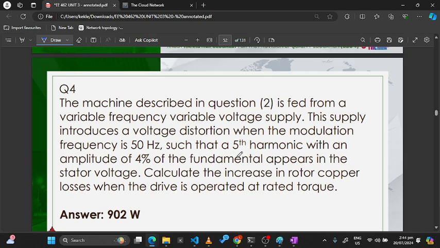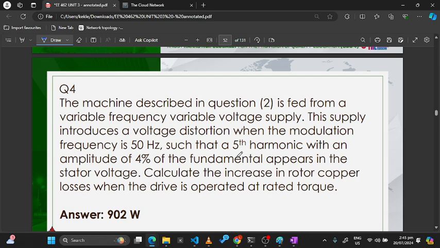So question 4. The machine described in question 2 is fed from a variable frequency drive voltage supply. This supply introduces a voltage distortion when the modulation frequency is 50 Hz, such that a fifth harmonic with an amplitude of 4% of the fundamental appears in the stator voltage.